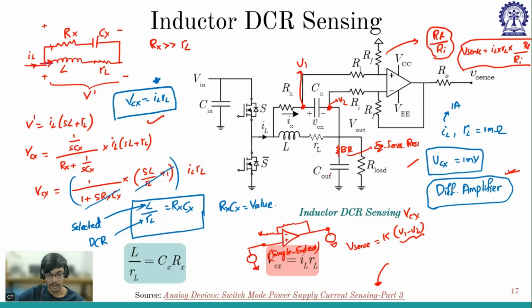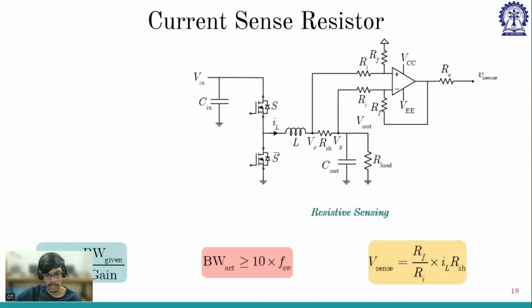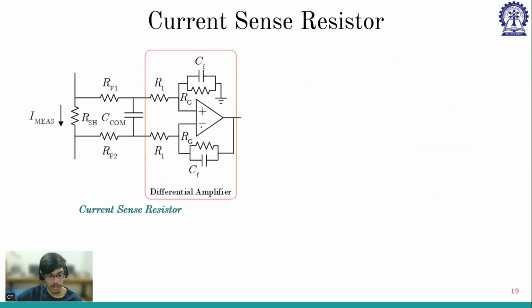For current sensing, they are using two differential amplifiers, combining them, and using one amplifier at the output. They are using two differential amplifiers, and then it becomes single-ended. Is this the circuit or some other circuit?